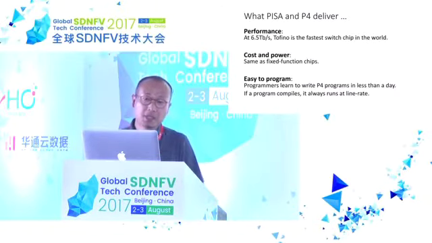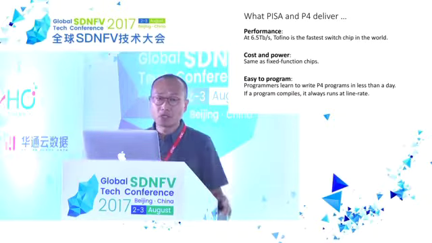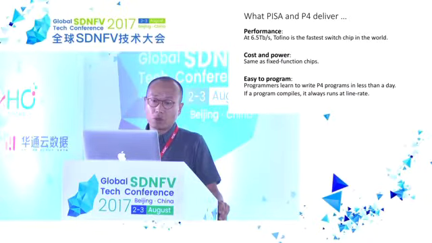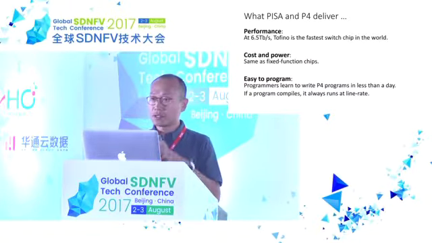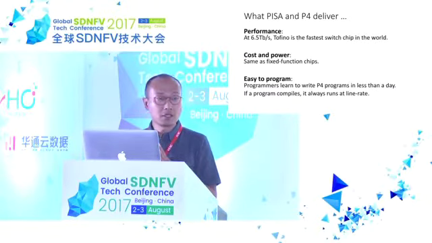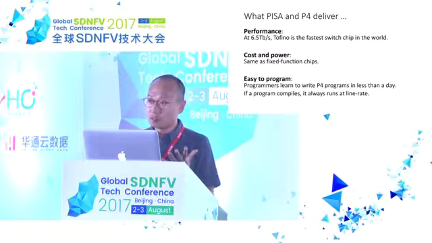So in summary, PISA, the protocol independent switch architecture, and P4 together deliver the highest performance that you have seen, as well as fully programmable flexibility, and it doesn't cost you anything. It's merchant, roughly running at the same speed and power budget as any fixed function chips, and the domain-specific abstraction that P4 offers is very simple and very intuitive, especially for network engineers.